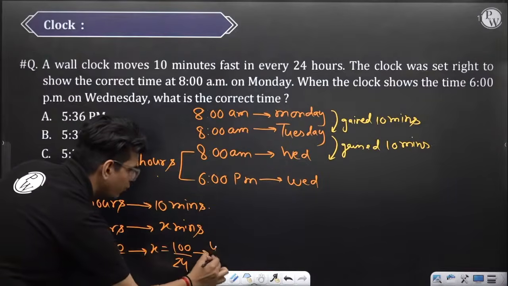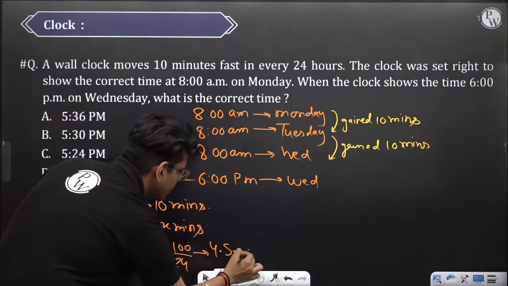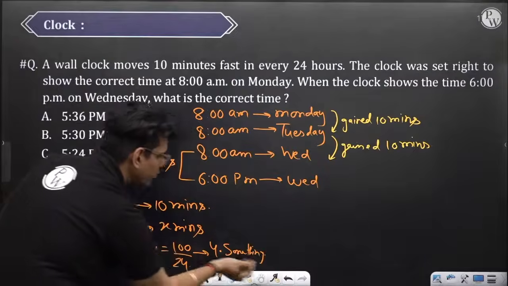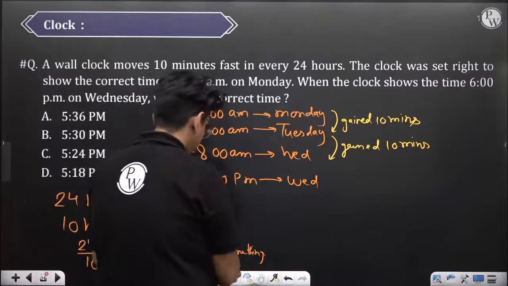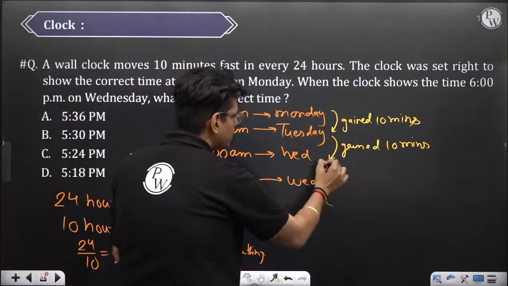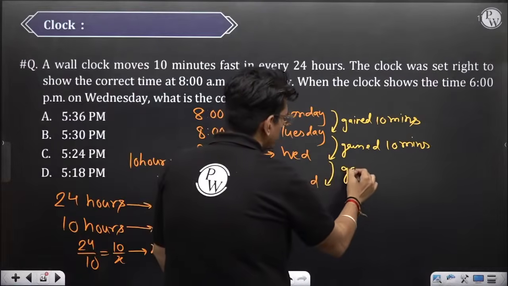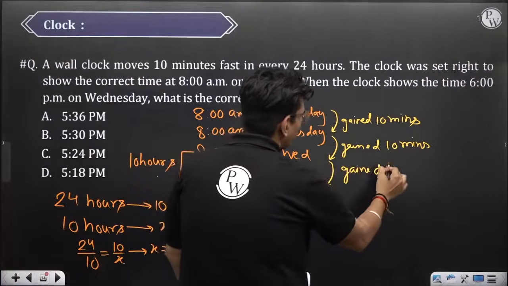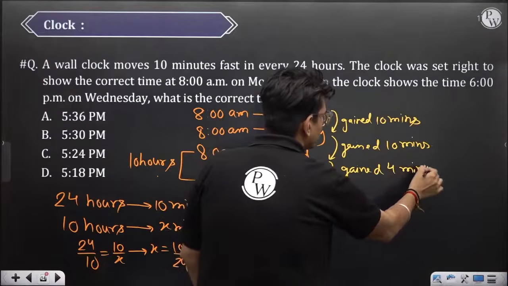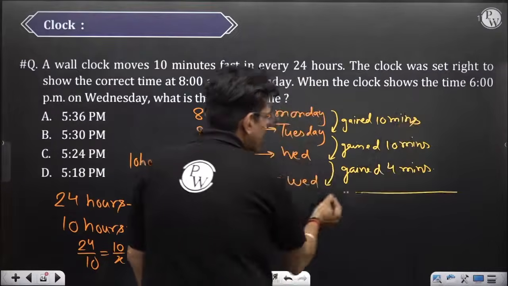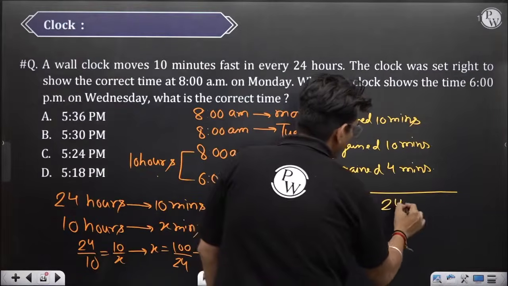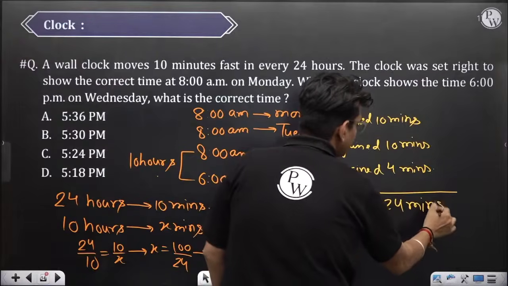This is 4 point something. Okay? We don't need to calculate the exact amount. So it has gained from this to this, let's take 4 minutes. Right? So totally it is gaining what? 24 minutes approximately.